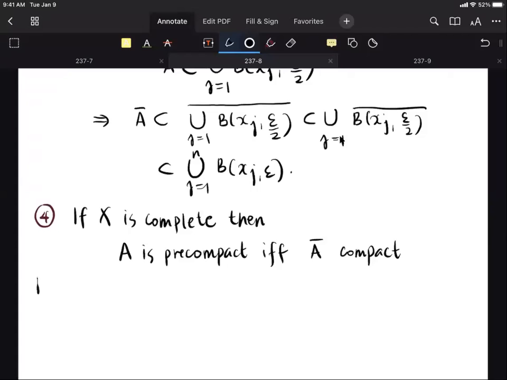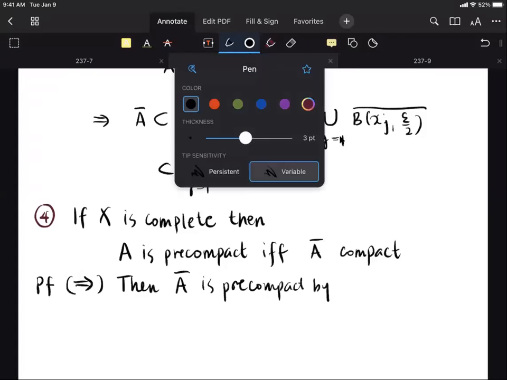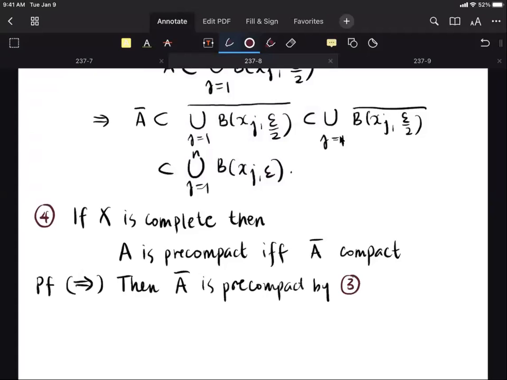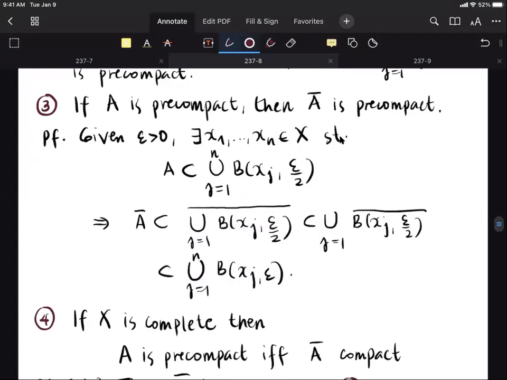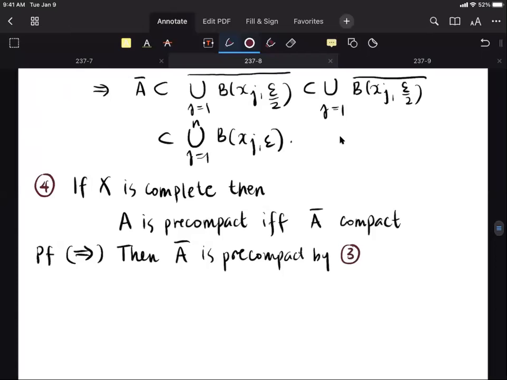For the proof, in this direction, if A is pre-compact, then A bar is pre-compact by the third remark. Okay, if the set is pre-compact, then the closure is pre-compact.